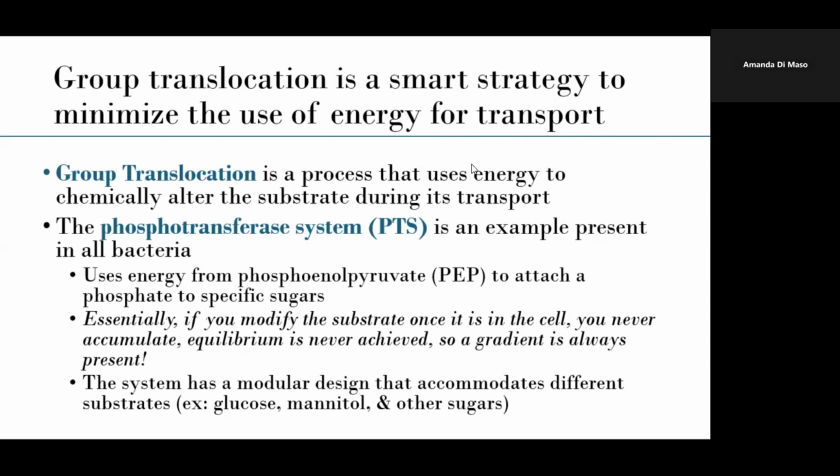And what they do is they use a phosphate group from PEP, phosphoenolpyruvate. This is an intermediate of glycolysis, so we're making it all the time. And it has lots of phosphate groups on it that we can kind of snag and use for other things. So they take a phosphate group and stick it on specific sugars to change their chemical structure.